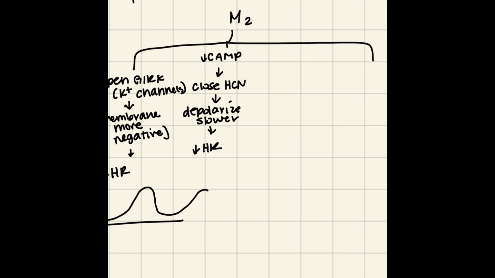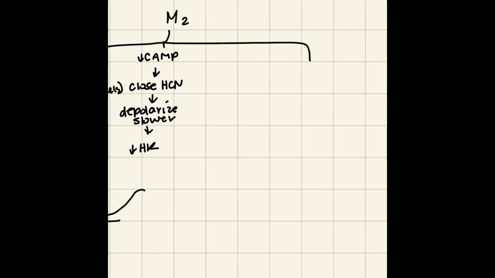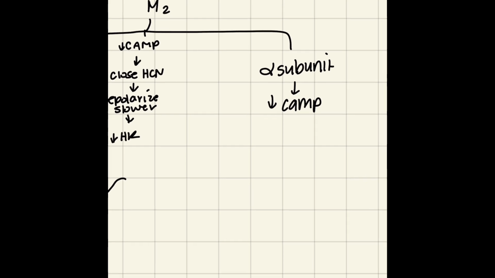And then the last one is the alpha subunit. Again, it is going to decrease cyclic AMP. I don't know why I didn't just write decrease cyclic AMP. And then we decrease calcium.